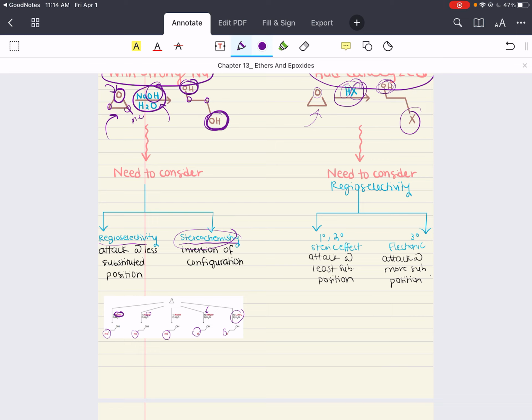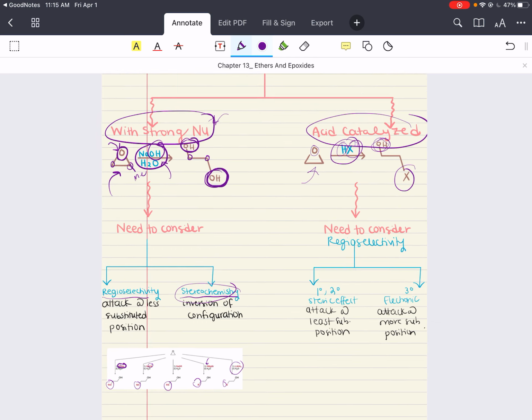Now, when one side of the epoxide is primary and the other is tertiary, you might be quick to say primary, but here you have to consider electronic effects. Electronic effects here are going to prevail over steric effects. What will actually happen is the reaction is going to be observed to occur at the tertiary site, the more substituted site.